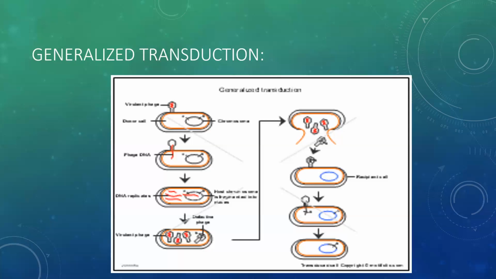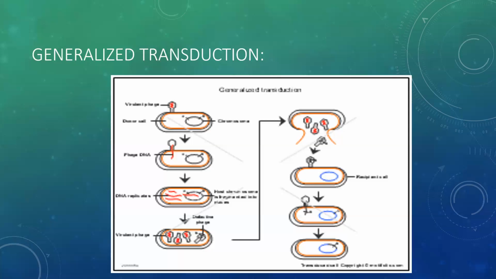Now this phage particle leaves the infected host, and it may infect another bacterium and transfer the bacterial gene. This technique is called generalized transduction, as you can see in the diagram.